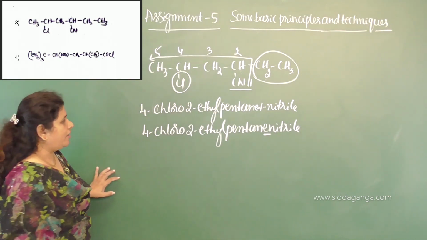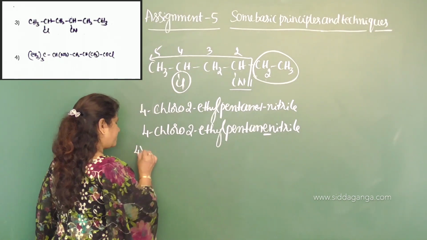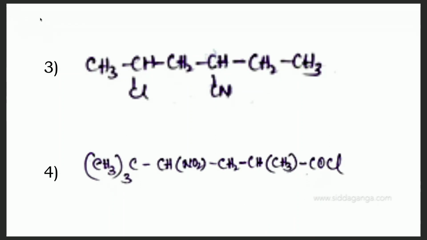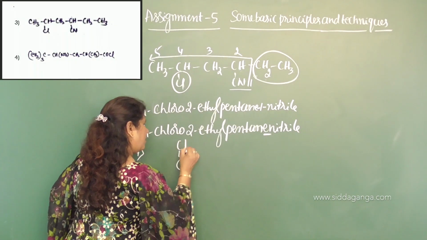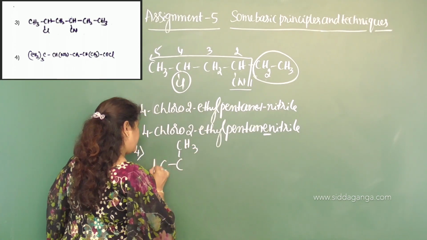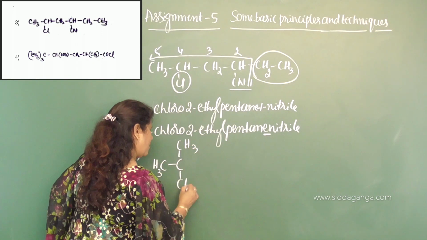Now, move on to the fourth compound. What's given? CH3 taken thrice, C. You need to split this and write the compound, that is, 3 CH3 groups belong to the same compound.